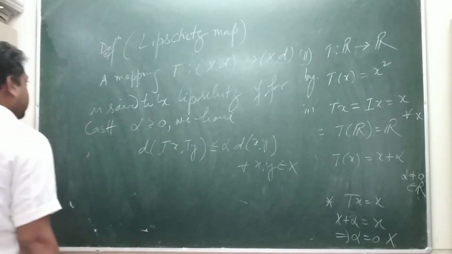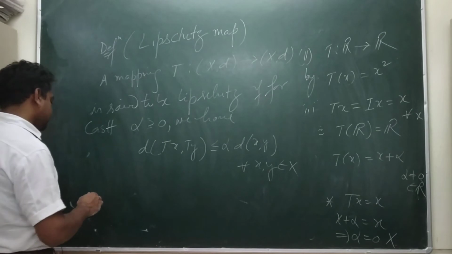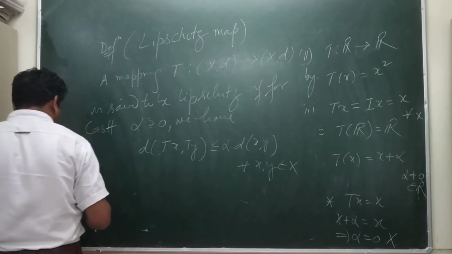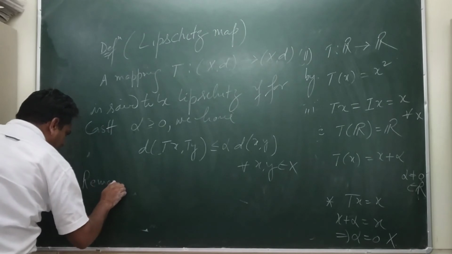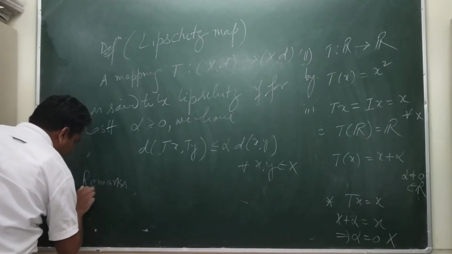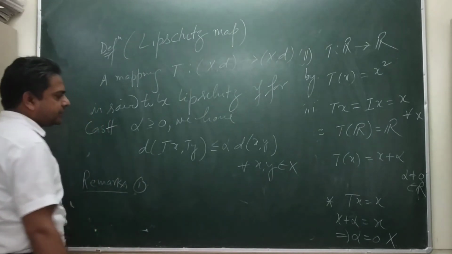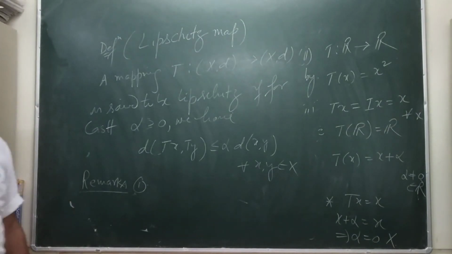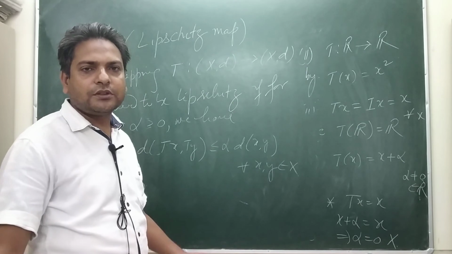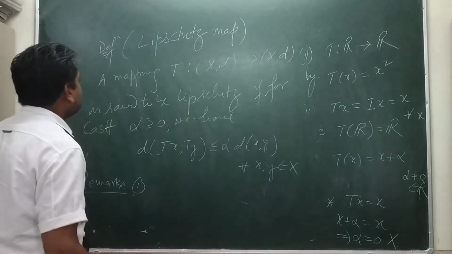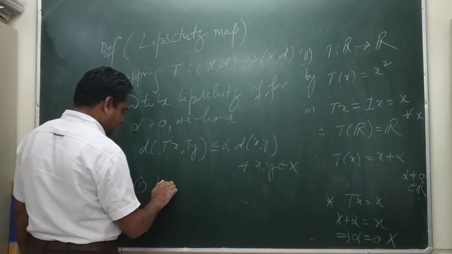Here, from this definition, we have some remarks. First, Lipschitz mappings are always uniformly continuous. That is, they are continuous.